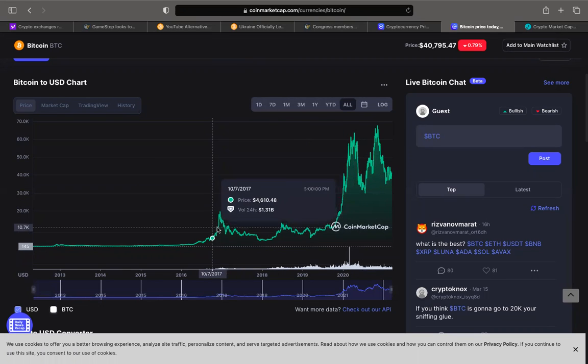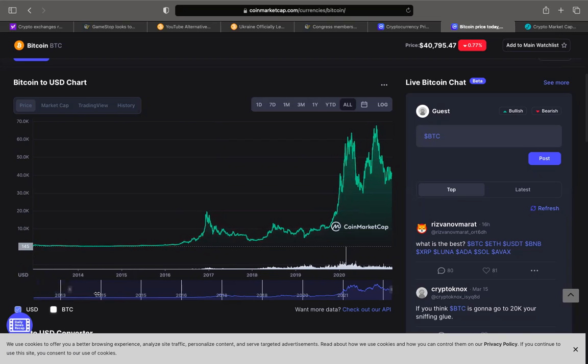If we zoom in here, you've got to look at the price chart for all time, and you've got to see this mountain as we climb towards it.